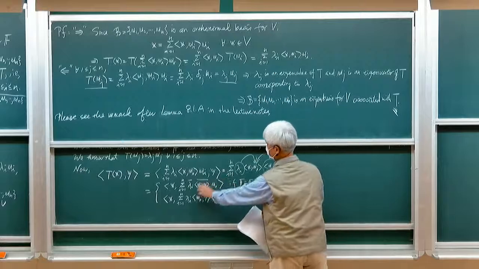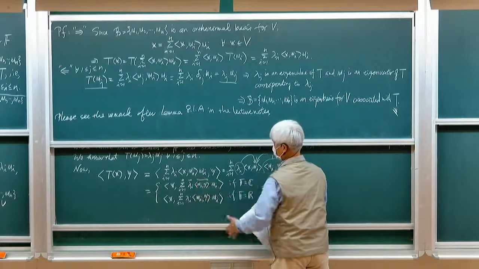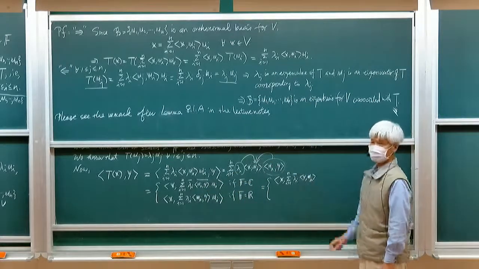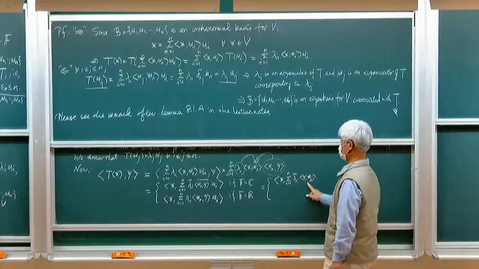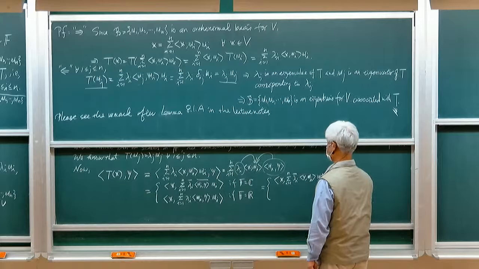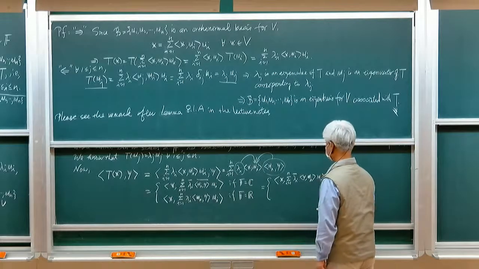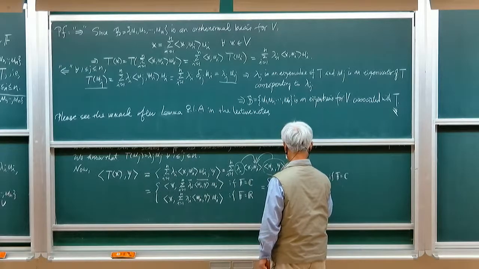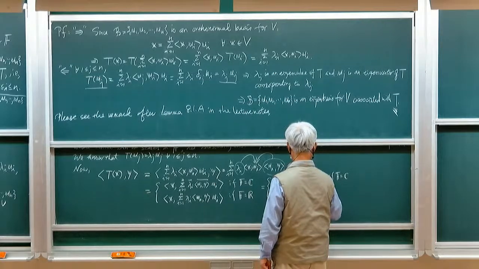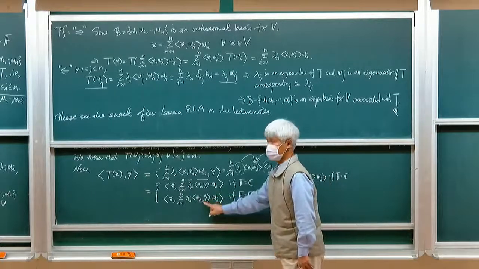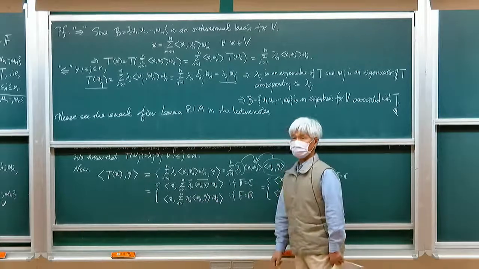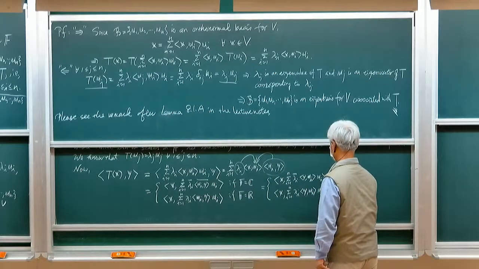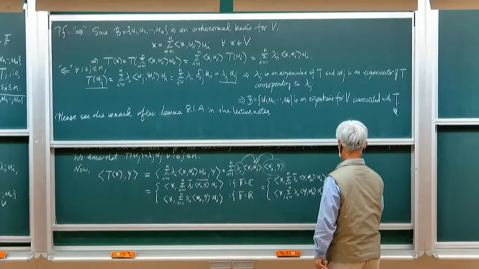If we exchange the two arguments, then we have a double bar, and this is just the inner product here, if F equal to C. And if F equal to R, because by symmetry of the real inner product you can exchange them, this is lambda_i.